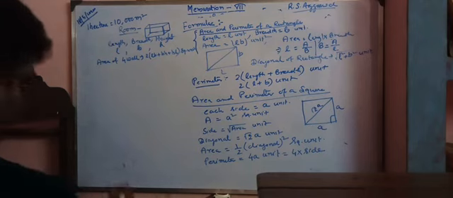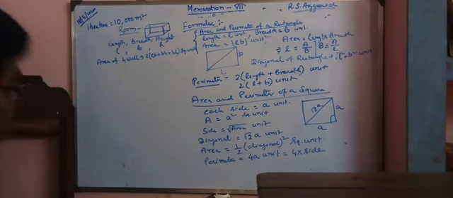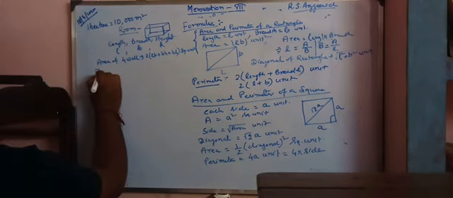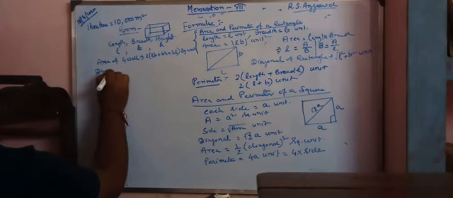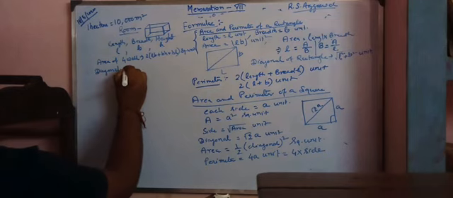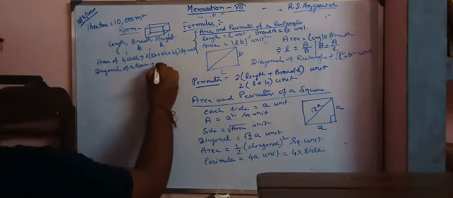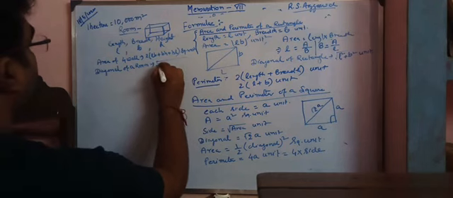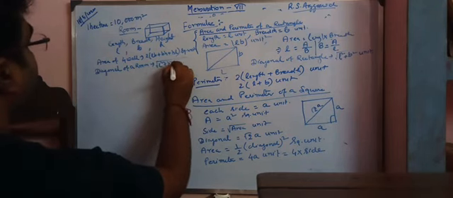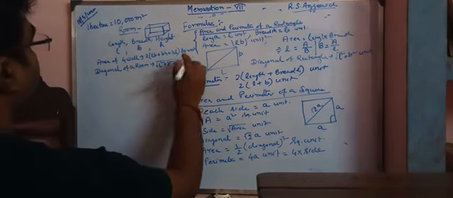And the diagonal of a room is root over of L square plus B square plus H square unit.